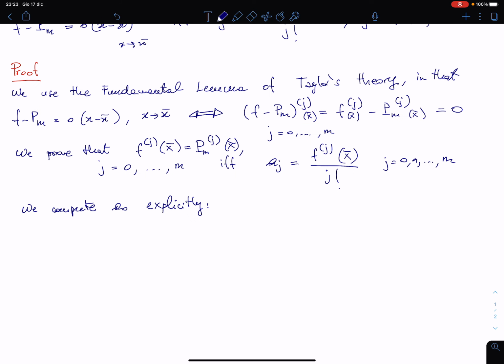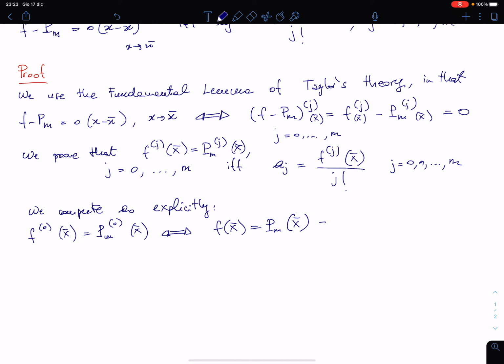So we have f^(0) of x bar is equal to pm^(0) of x bar. This means, by definition of the zeroth derivative, that f of x bar, the zeroth derivative, is the function, is equal to pm of x bar.